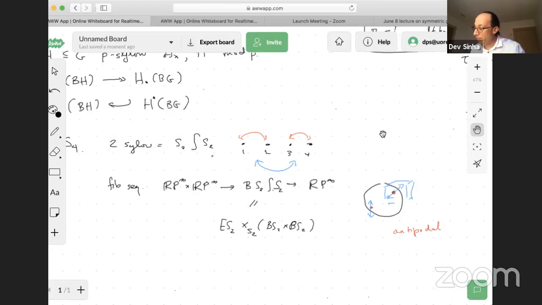Okay, and in general, ES2 crossover S2 with X cross X acting diagonally is what's called D2X, the second extended power. That's what Steenrod named it. He showed us, and I'll maybe make a comment on that in a bit, that you can define Steenrod operations using the cohomology of this space.